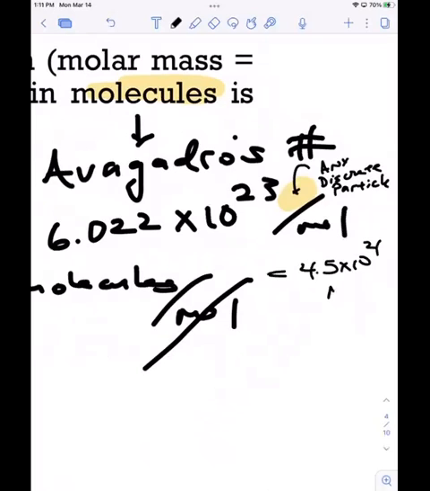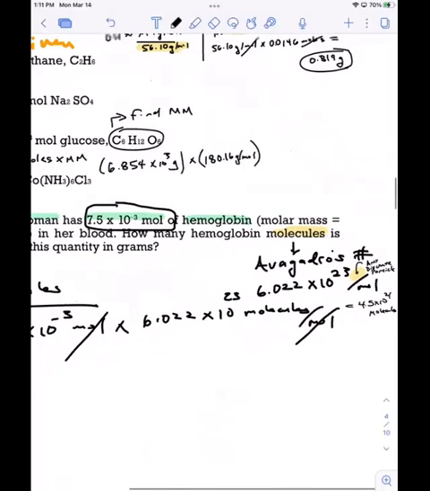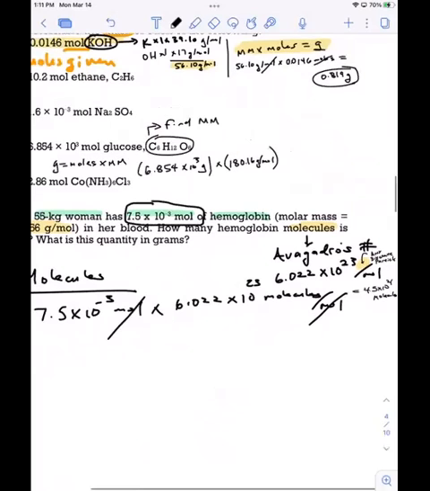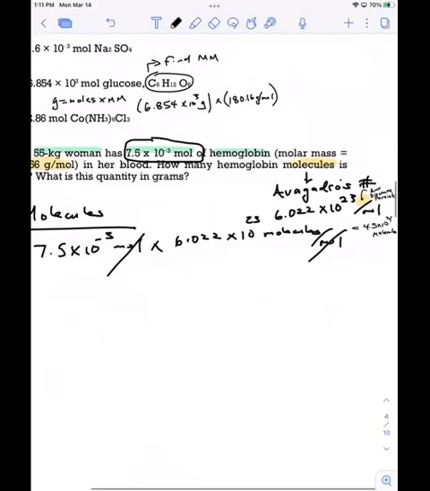And that's molecules, right? So 4.5 times 10 to the 21st molecules in 7.5 times 10 to the minus 3 moles. That shows you the relationship between moles and molecules. That's a lot of molecules, and a very small number of moles.